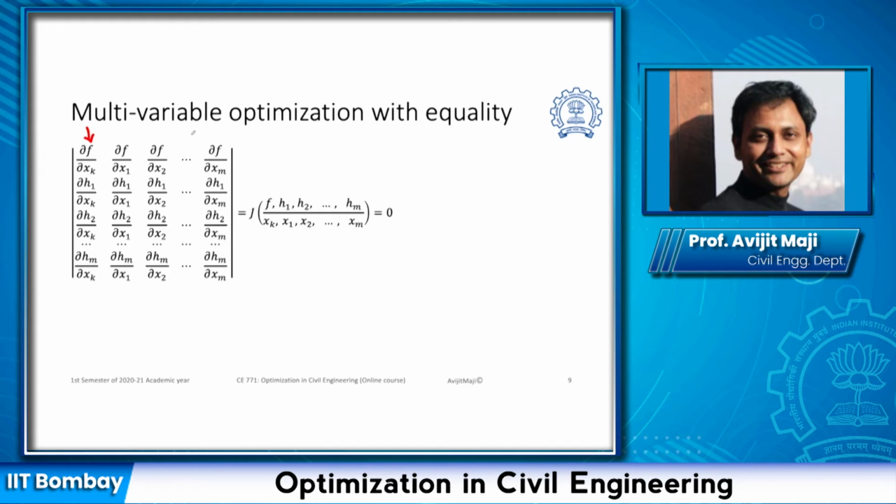Now we said this particular matrix is equal to 0, we need to ensure that this portion of the matrix is not 0.